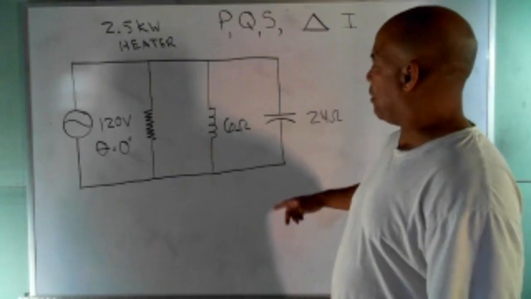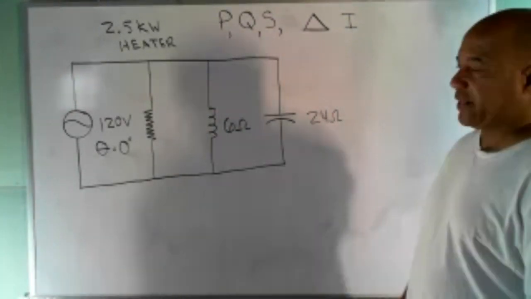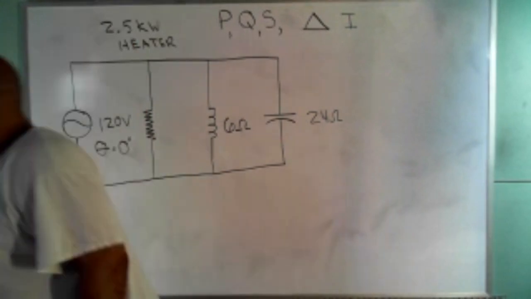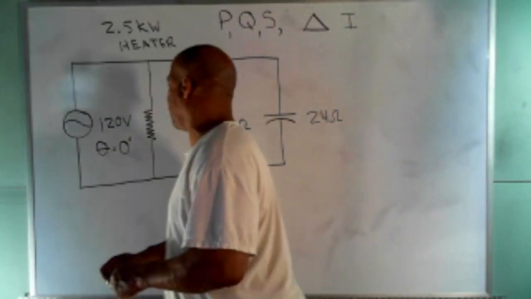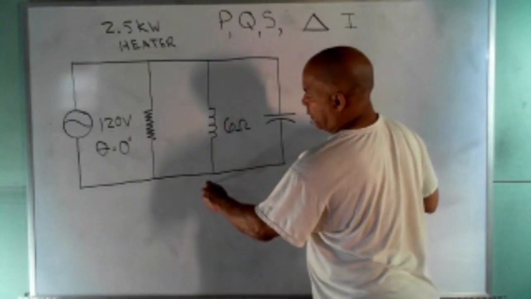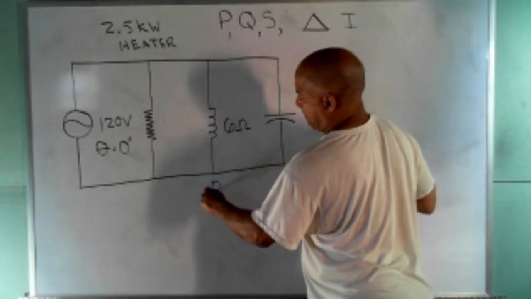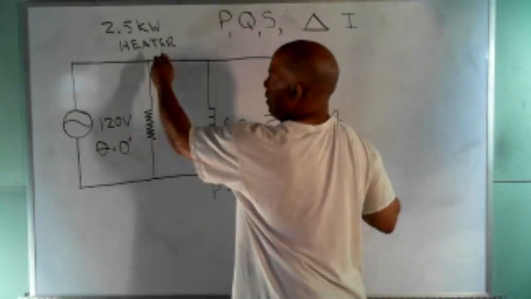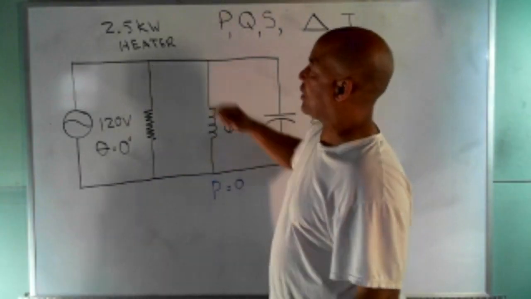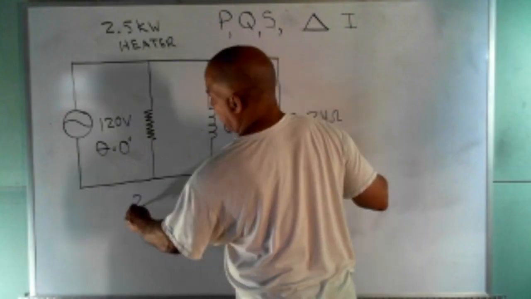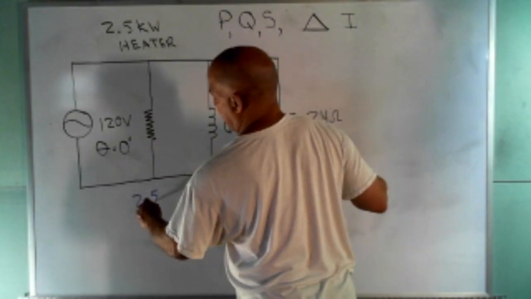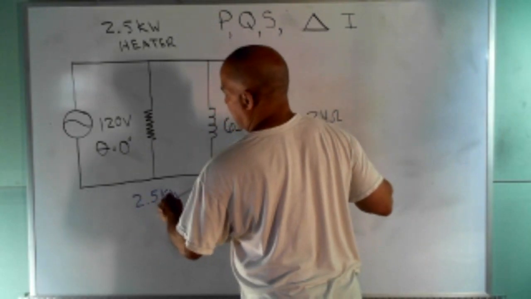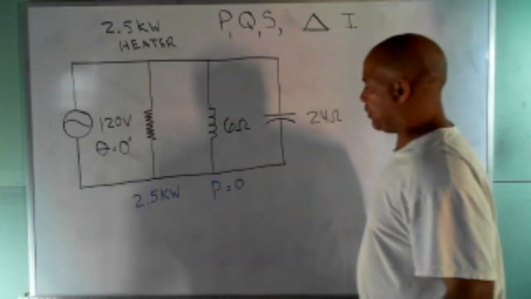Ideally, the inductive load and the capacitive load can't dissipate any power. So the power here would be 0 watts for these two. And the power here we don't even have to find, they give it to us. They tell us it's 2.5 kilowatts, so there's no calculation to do.